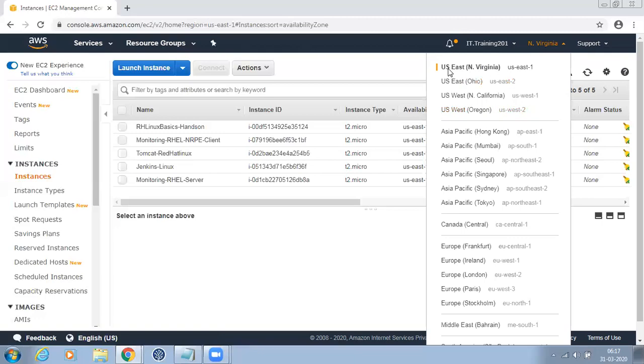In a region, there can be multiple data centers. Why do we have that? If one of the zones is down for any reason, the other zone will be up and running, so that the customer will not get impacted in any recovery or disaster times, right?